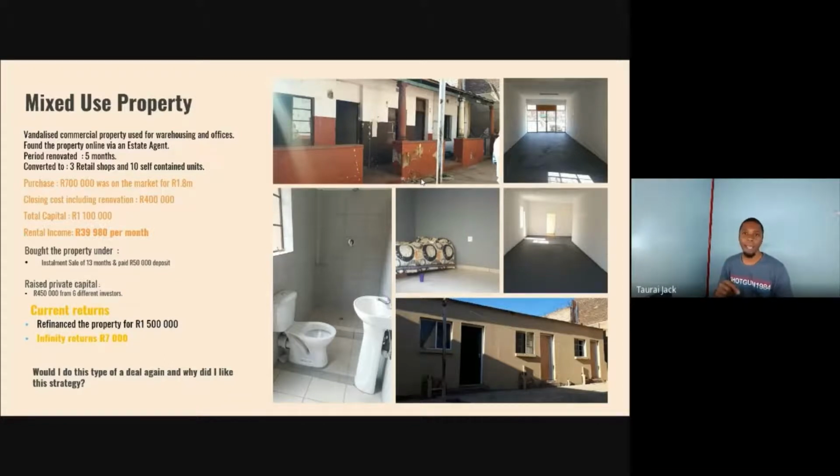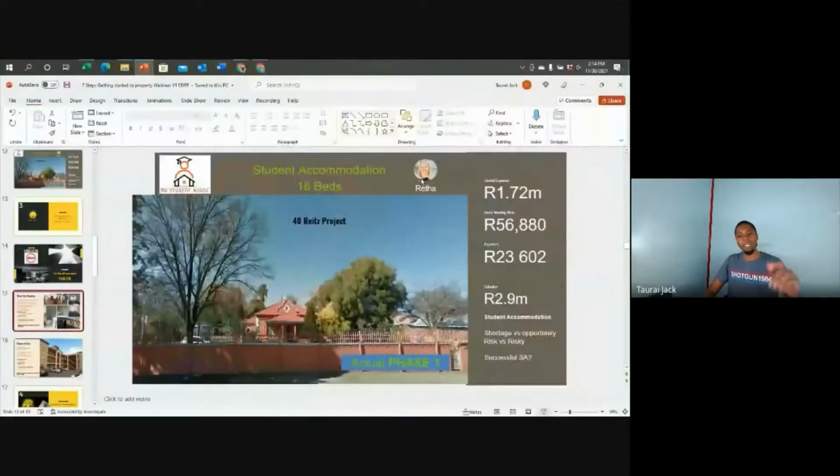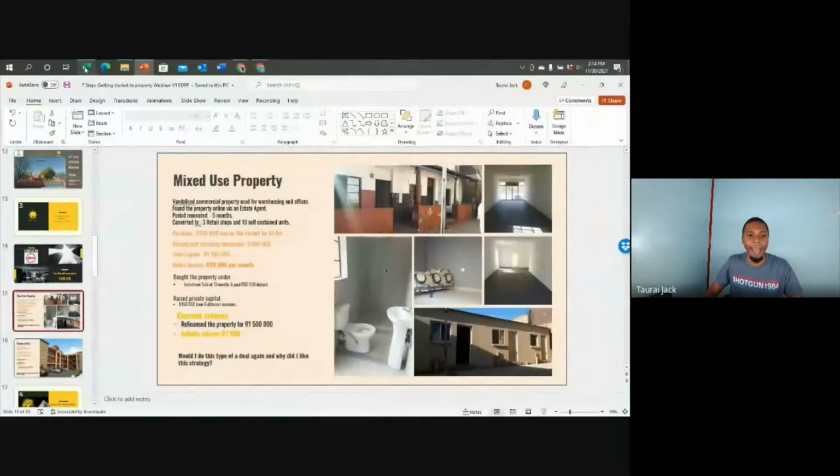On this deal here, my partners and I have zero money in the deal, zero. But we are returning 7,000 every month, and that is called infinity. You've put your money in a deal, you've taken all the money out, but the deal is still giving you some fruits.